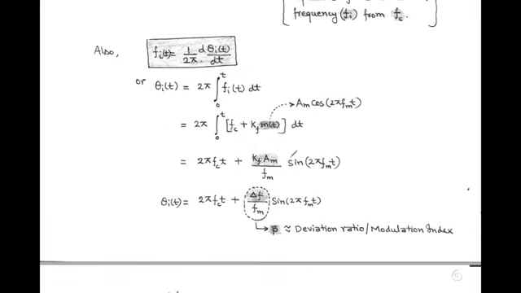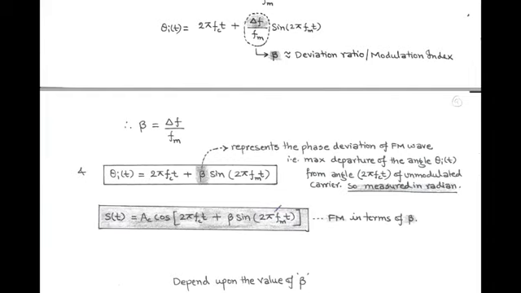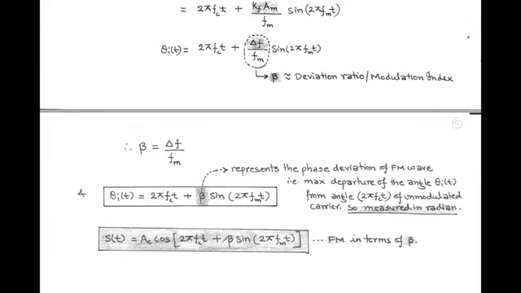So here in FM we talk about two quantities. First, frequency deviation denoted by delta f, and its value is kf into Am. And the second is called deviation ratio or modulation index denoted by beta, that equals delta f upon fm. And the FM equation can be written in terms of modulation index beta as s(t) equals Ac cos(2 pi fct plus beta sin 2 pi fmt).